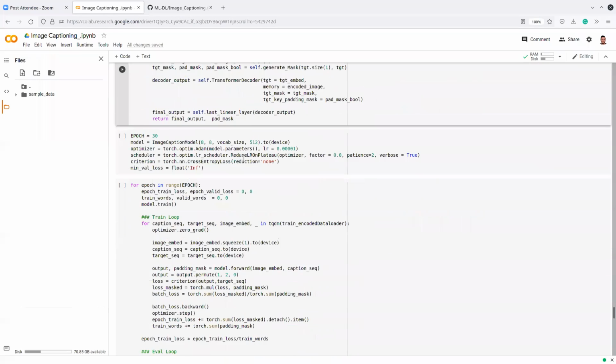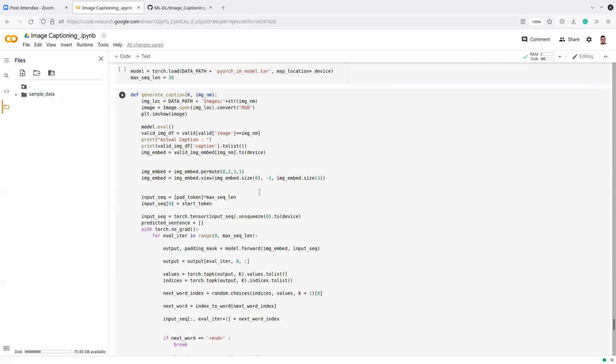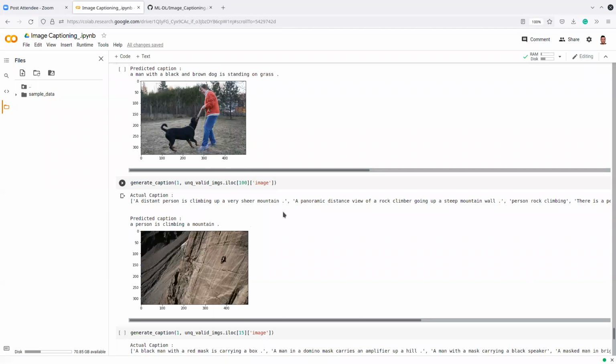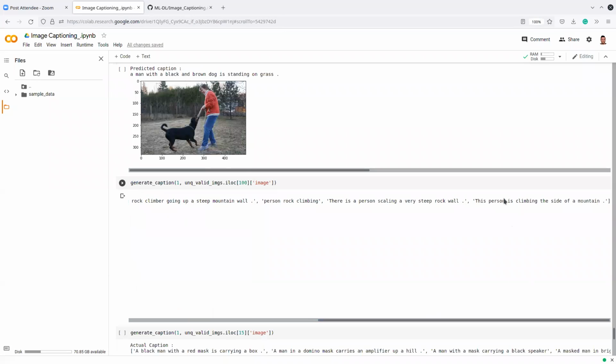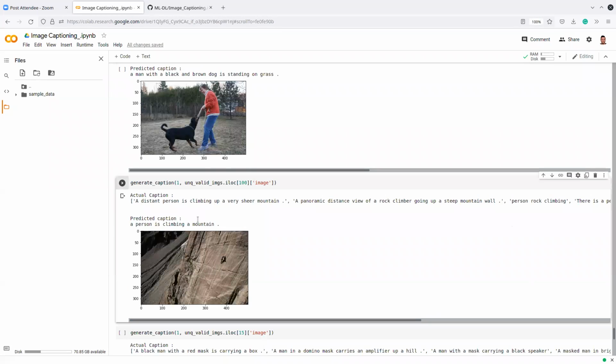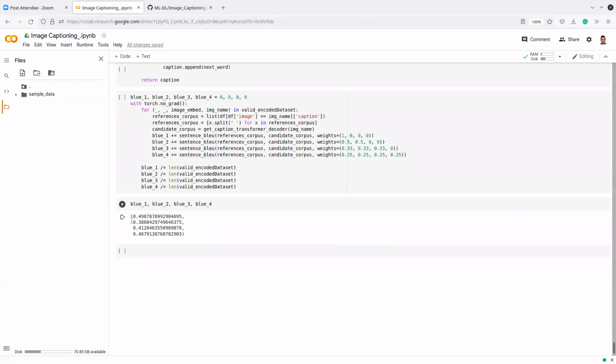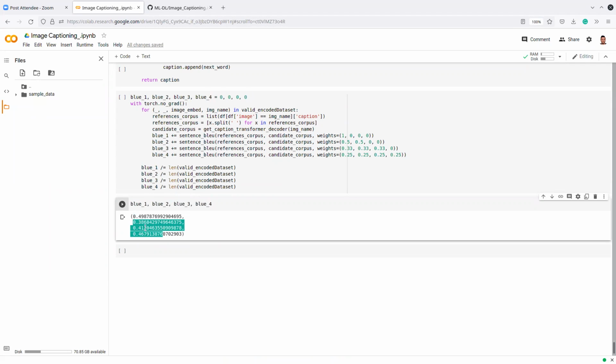I built the model, I trained it, and here are the results. For example, these are the reference captions, and this is ours. The BLEU score has a worse BLEU-1, but better BLEU-2, 3 and 4.